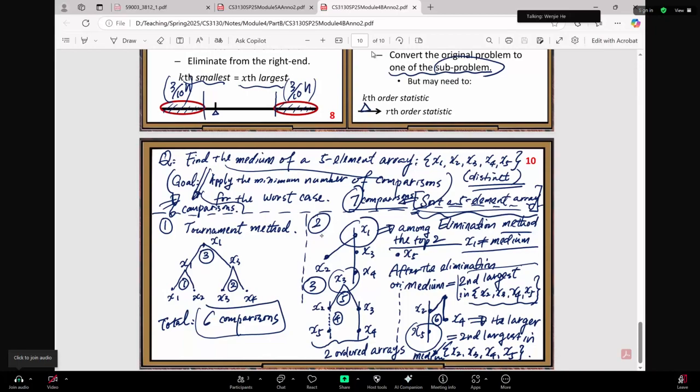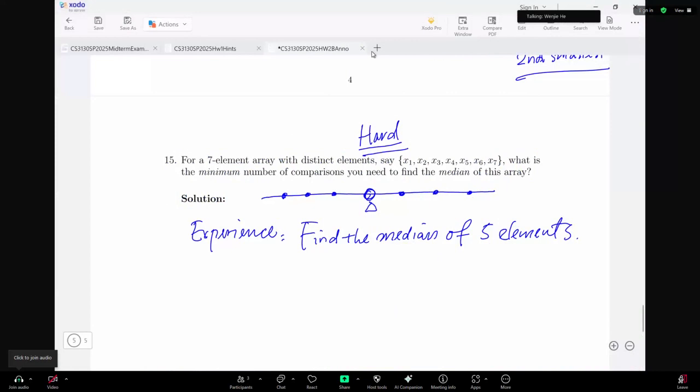Why not 7? Because with 7 comparisons, we can sort a 5-element array. To find the median, we do not need to sort it, so we should do better than 7. The best we can do is 6 comparisons. Now, you can assume you already have the algorithm to find this with 6 comparisons.